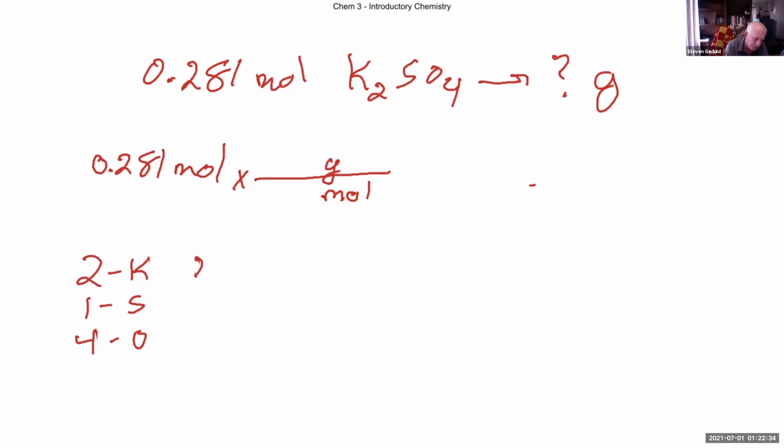So 2 potassiums, each potassium weighs what? It's 39.10. 39.1. Each sulfur weighs 32.066, right? 32.06. So 32.1. And every oxygen weighs 16.